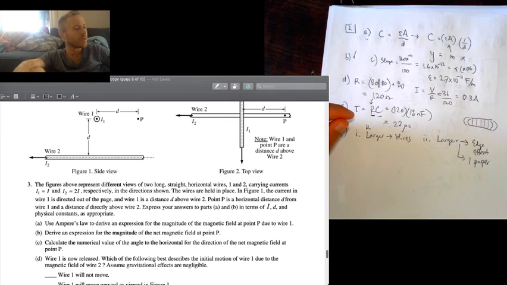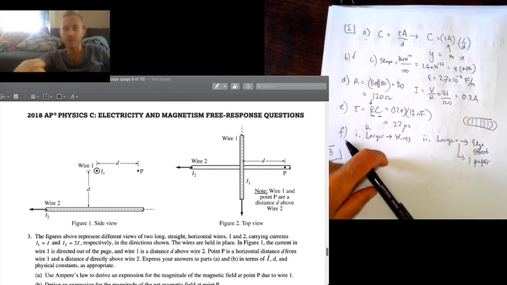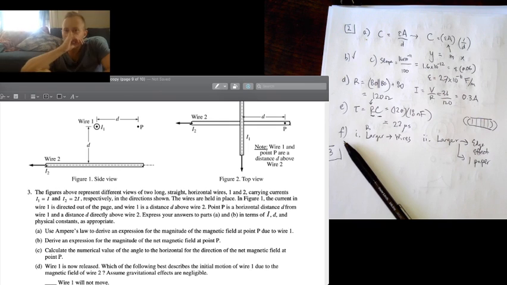All right. So we're going to go to number 3. Ooh, this is kind of cool. The figures above represent different views of 2 long straight horizontal wires, 1 and 2, carrying currents I1 equals I2 equals 2I, respectively, in the directions shown.